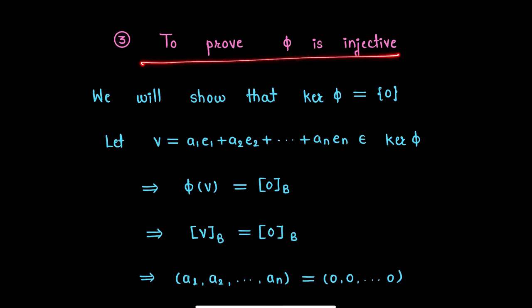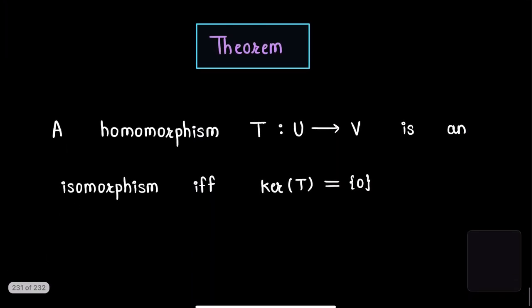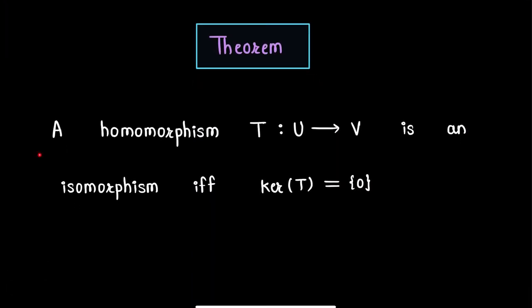For this we will use the theorem which states that a homomorphism phi from vector space U to vector space V is an isomorphism if and only if the kernel of T is singleton 0.